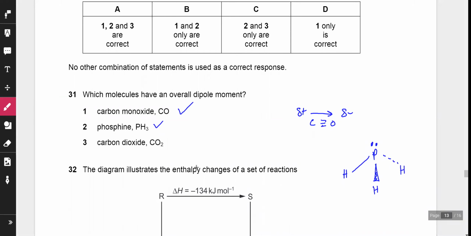And P is electronegative, so it's going to pull the electrons closer to it. So it's going to have a partial negative charge, whereas the H are slightly electropositive, so they would have a partial positive charge. Carbon dioxide has no dipole. It cancels out because of the shape, because it's a linear molecule and the dipoles, or the attractive forces, they cancel out.